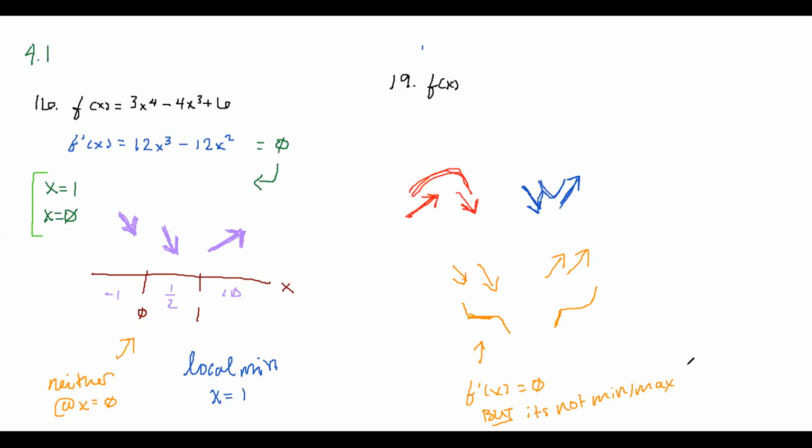So critical point does not mean it is either a min or a max. It means it can be, which is why we do this first derivative line test to make sure that it is. And the local minimum is at x equal to 1.